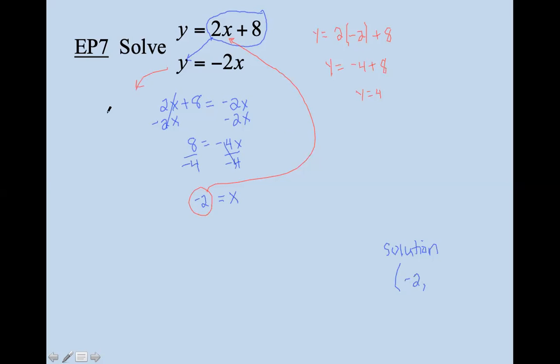I'll just do this as a little aside. I could have just done y equals -2 times -2 and gotten my +4 that way. All right, once you find the variable, it doesn't matter which equation you plug it into to find the other. So my solution is the ordered pair -2, 4. All right, because that solution works in both equations.